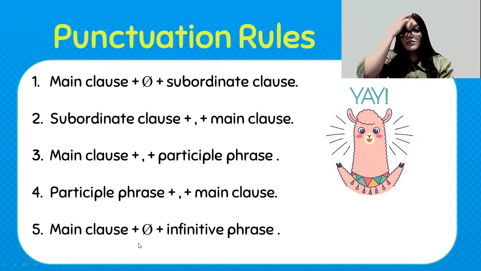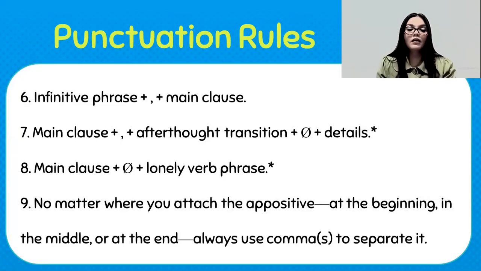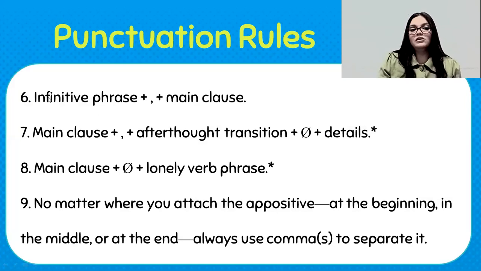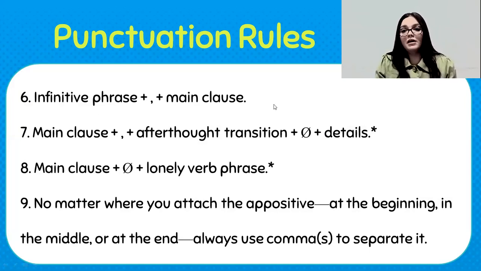Remember, infinitives are nouns, they are not verbs. So to fix an infinitive phrase fragment, you don't have to conjugate anything. That's not a verb, that's a noun phrase, okay? And this is the one I was telling you, infinitive phrase, comma, main clause. Generally, this will mean that you have the infinitive phrase as an adverb.